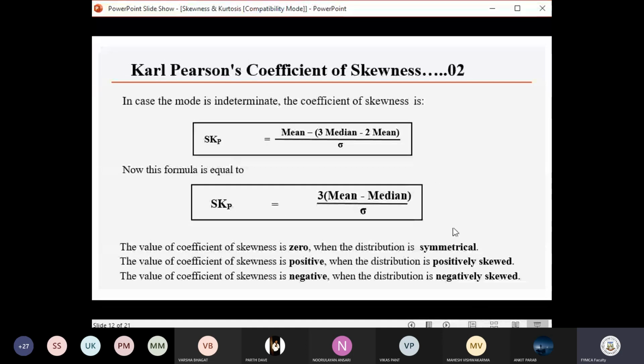Okay, so take a question. Find the coefficient of skewness for the following data.